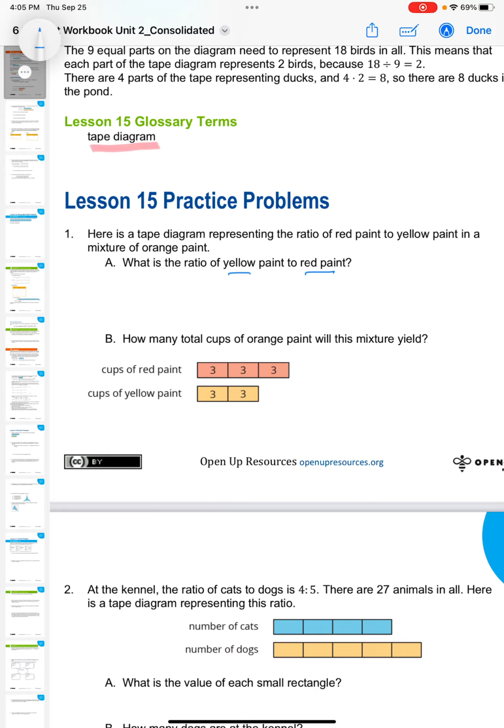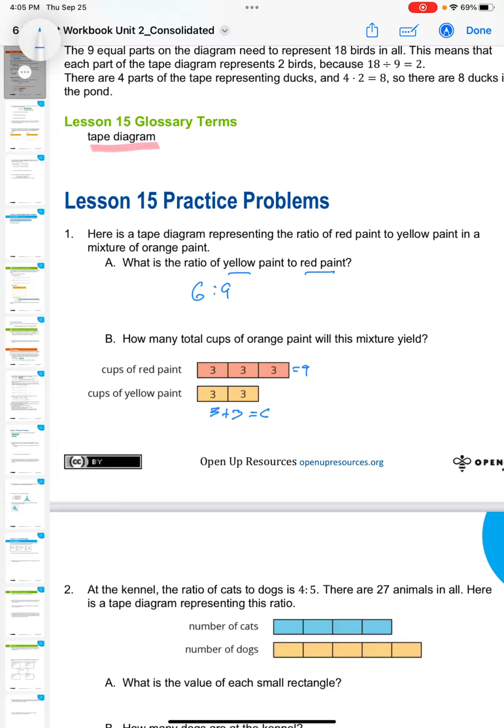So yellow is 3 and 3. Well, 3 plus 3 is 6. So that's 6. Then 3 plus 3 plus 3 is 9. So it's 6 to 9.